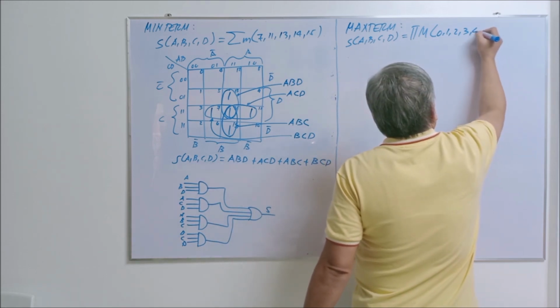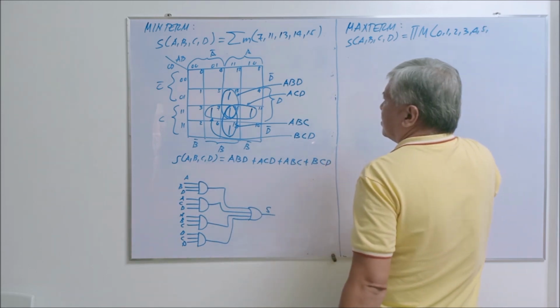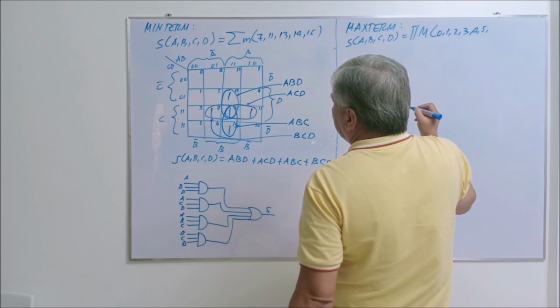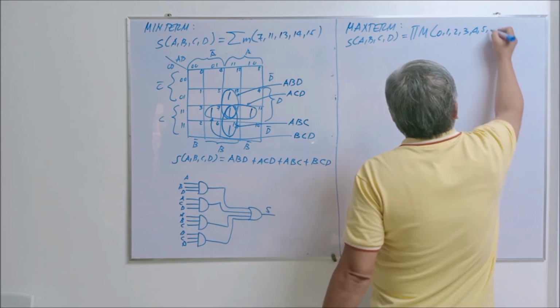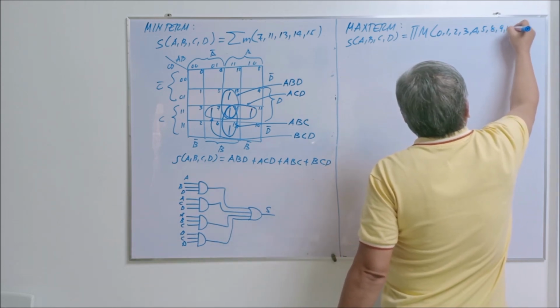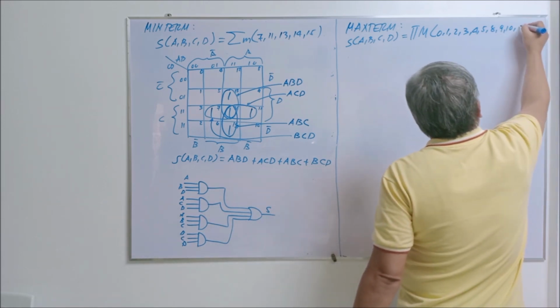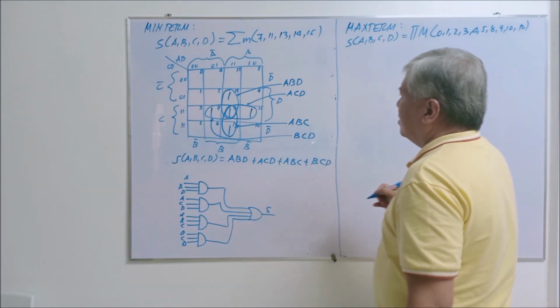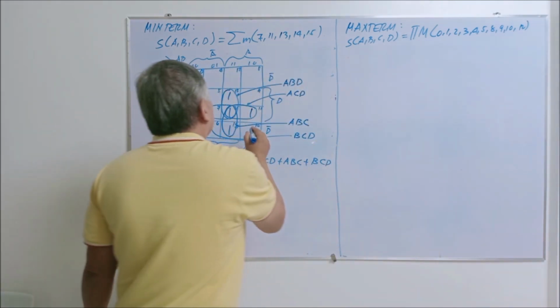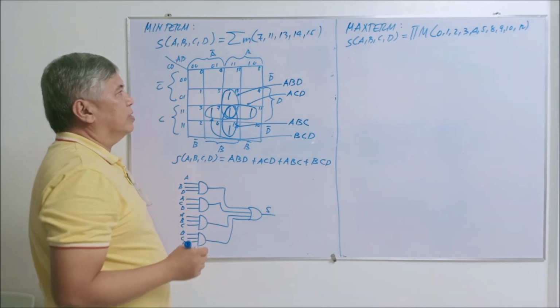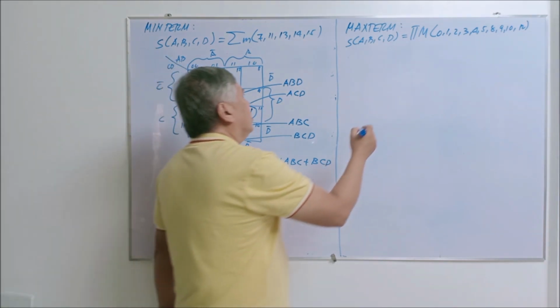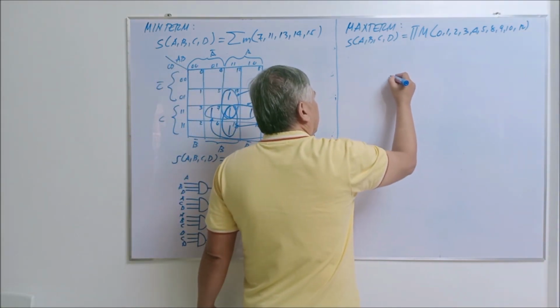Okay? That is our max term. Vacant cells. So what will be our K-map representation?